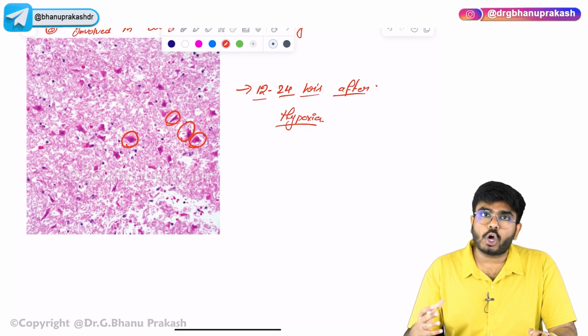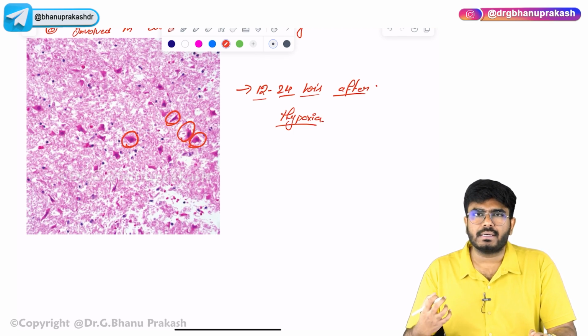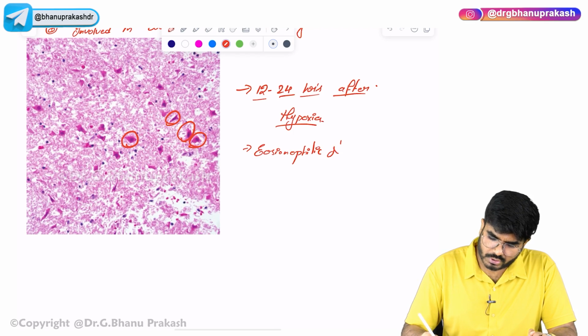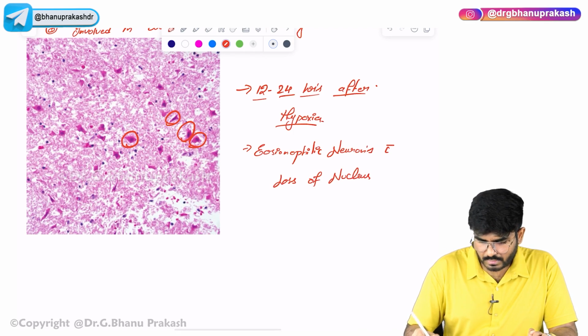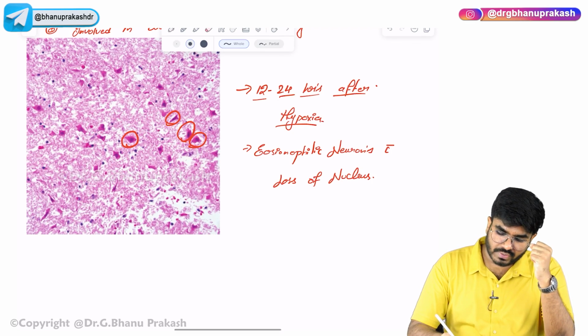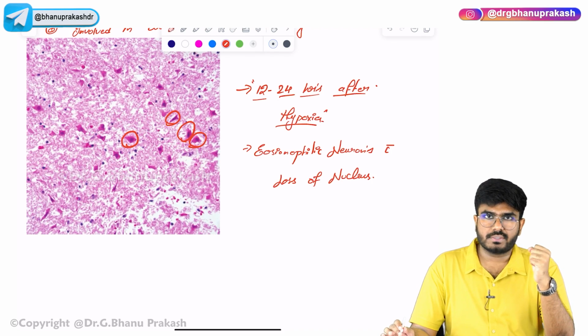These dead neurons are going to be very eosinophilic, pink color. They are eosinophilic neurons with loss of nucleus, which are usually seen with hypoxic injury. So these are the red neurons.